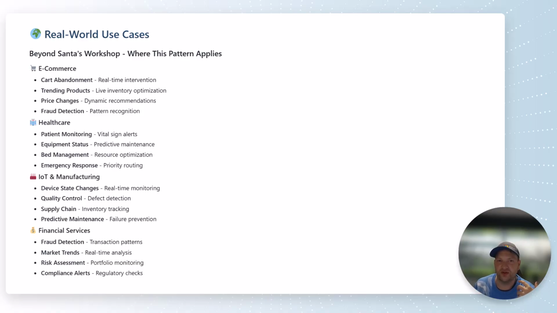You could use it in other real world cases, like cart abandonment detection, where the AI agent could reach out with personalized offers or notifications when carts are being abandoned, or dynamic inventory optimization, market trends, quality controls. The pattern's really about what the event is, what the pattern detection is, and what the intelligent response is that you're looking for.